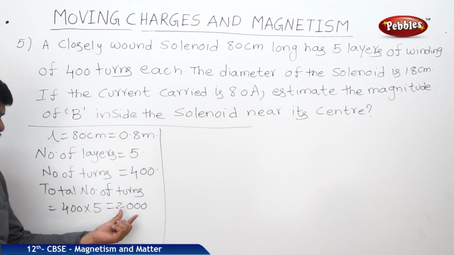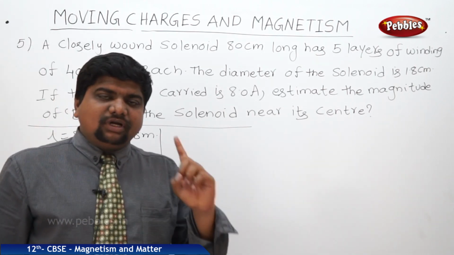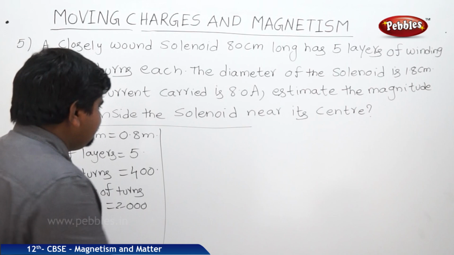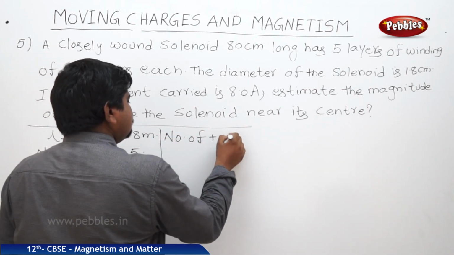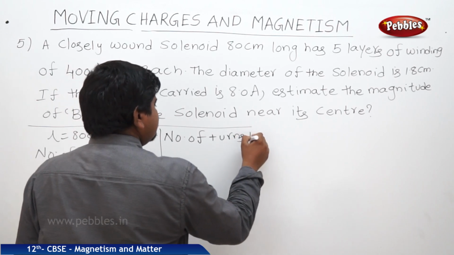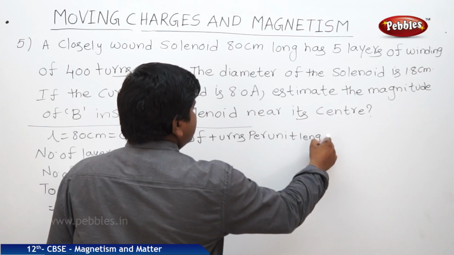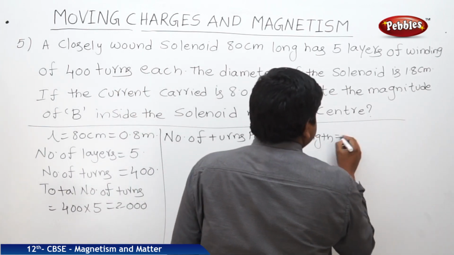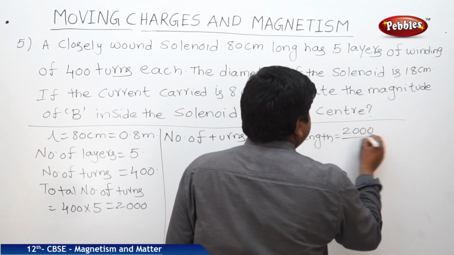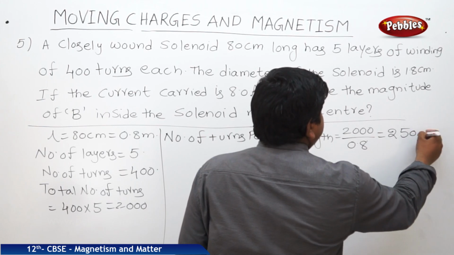But 2000 turns are there in 0.8 meters. What about the number of turns per unit length? Number of turns per unit length is equal to 2000 by 0.8, we will get 2500.